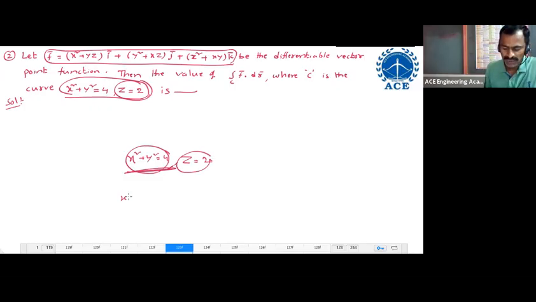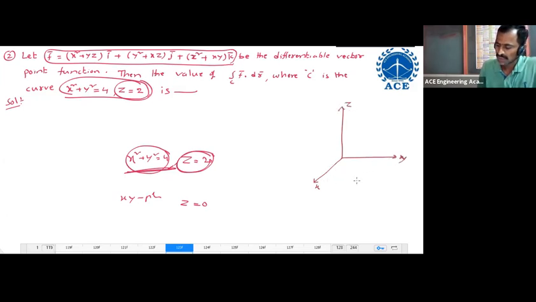First, what is the equation of the xy plane? The equation of the xy plane is z equal to 0, right? Here z equal to 2 is a plane at a height 2, parallel to z equal to 0. It is like this: x, y, z axes. The xy plane is z equal to 0, and parallel to this is z equal to 2.